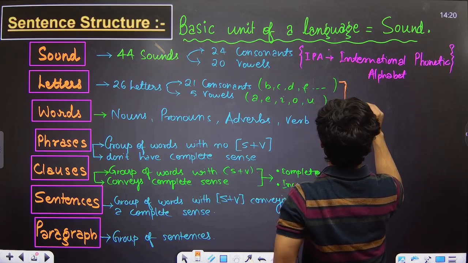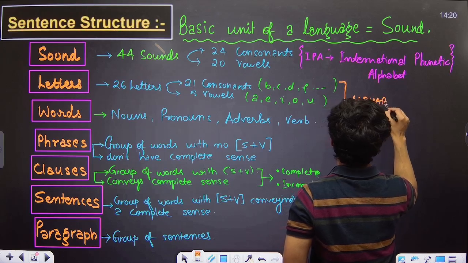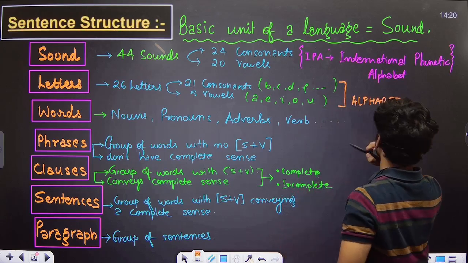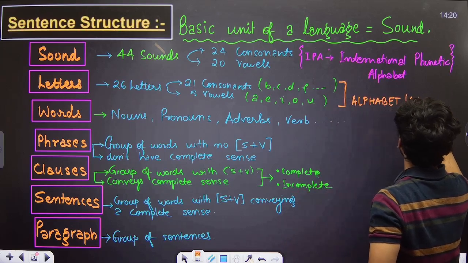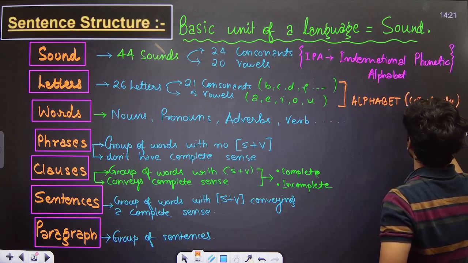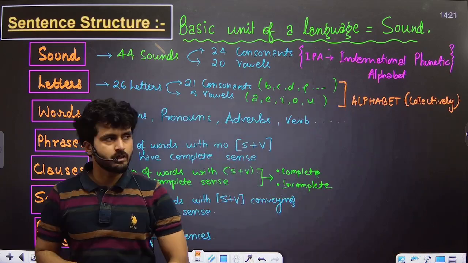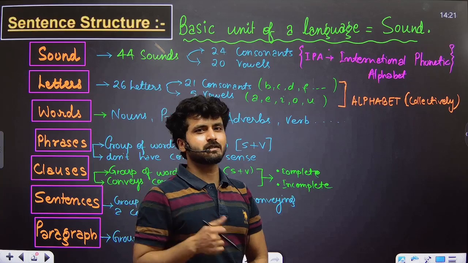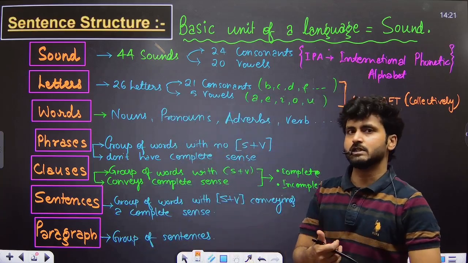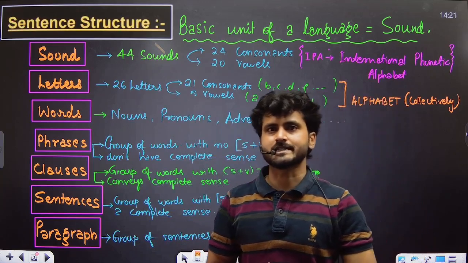Okay, they are termed to be alphabet. Collective. जिसे आप हिंदी में क्या बोलते हो? वर्णमाला. So you will remember all these things, basic parts also, some interesting facts also I have shared with you. What are vowels, what are consonants, how we decide the consonants, and how we decide the vowels.